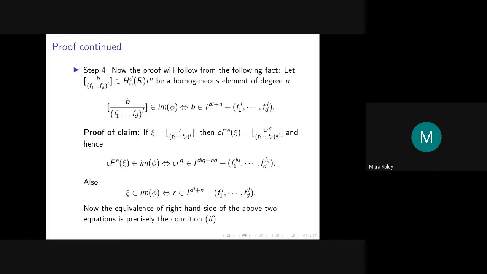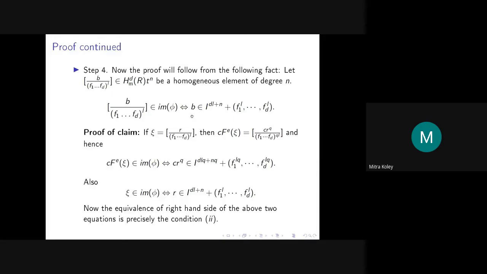So suppose Xi has this form. So Xi is an element of H^d_m(R), and hence c of F^e(Xi) is just raising to the q-th power. Then c F^e(Xi) is in the image of phi.